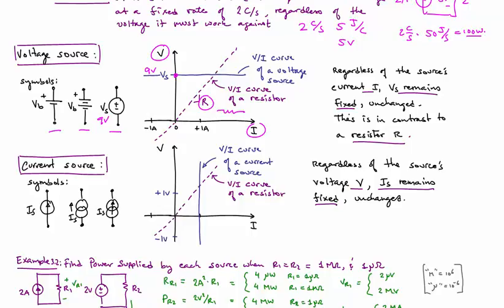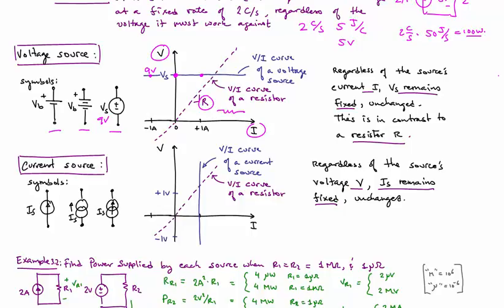If there's no current, it would put out 9 volts. If there's 1 amp flowing into it, it puts out 9 volts. If there's minus 1 amp flowing into it, it puts out 9 volts. So it turns out that the VI line for a voltage source is just a horizontal line, in this case where I'm doing voltage versus current.